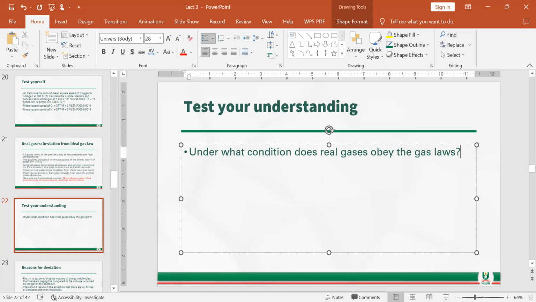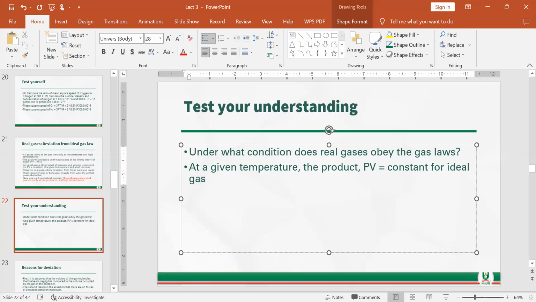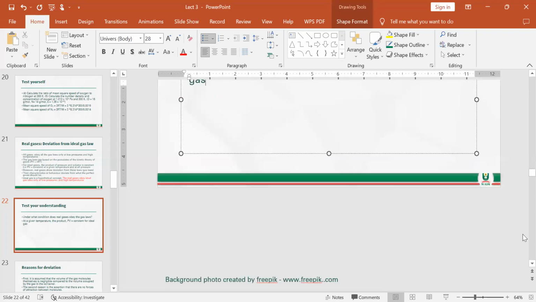At low pressure and high temperature. At a given temperature, the product of pressure and volume is equal to constant for ideal gas. It is always constant for ideal gas. So take note of those two terms.